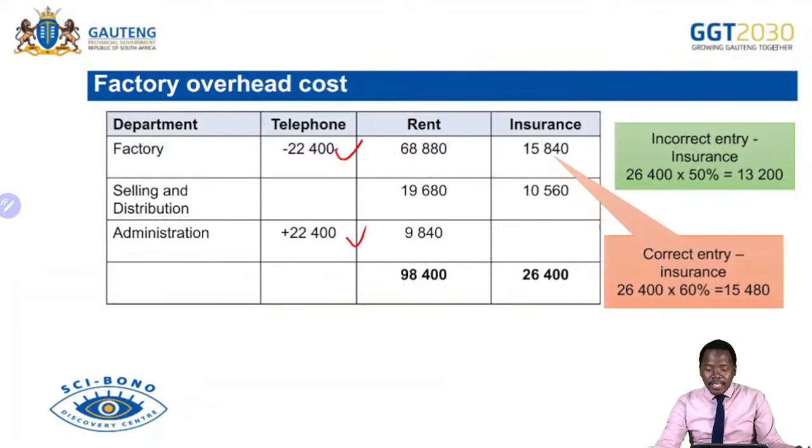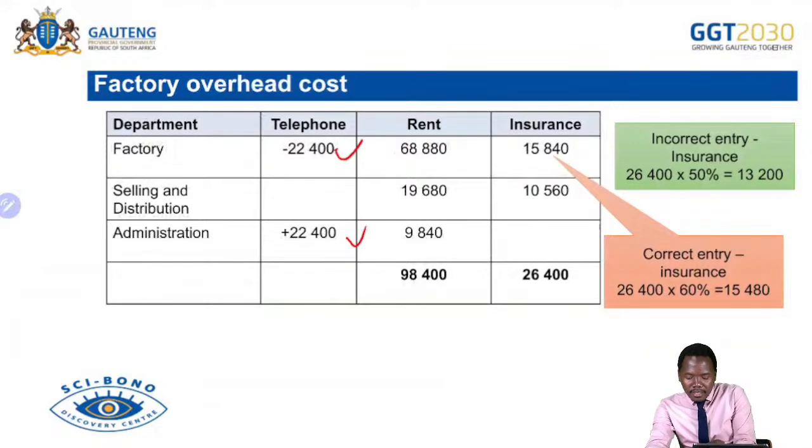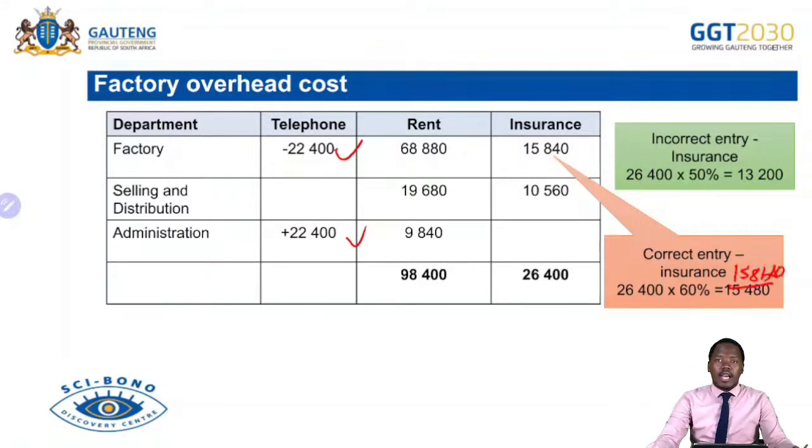Now, the correct entry is now 15,840. That is 26,400 multiplied by 60%, that is 15,840. So colleagues, grade 12, I hope we are fine there. We have corrected that.